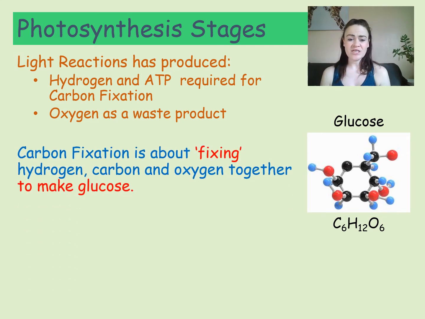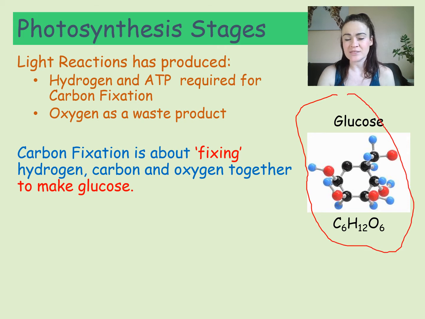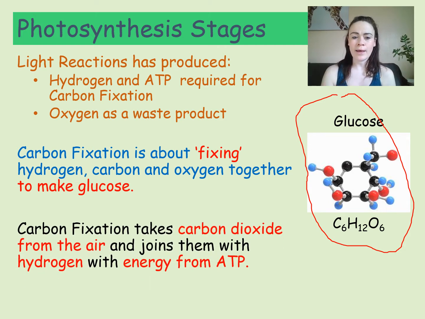Now, the carbon fixation stage is all about taking that hydrogen and fixing it with carbon and oxygen to make glucose. This molecule here is our glucose molecule, and as you can see, it just contains carbon, hydrogen, and oxygen. Right now, from the light reactions, we have the hydrogen that we need, but we don't have the carbon and the oxygen.